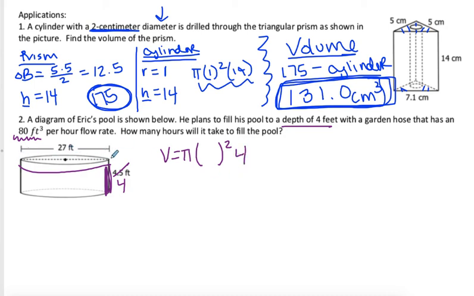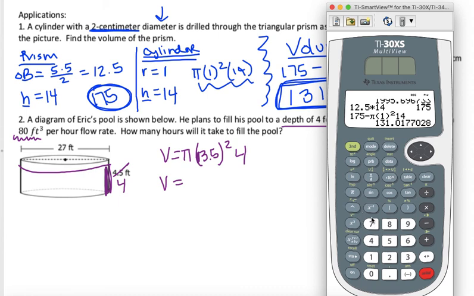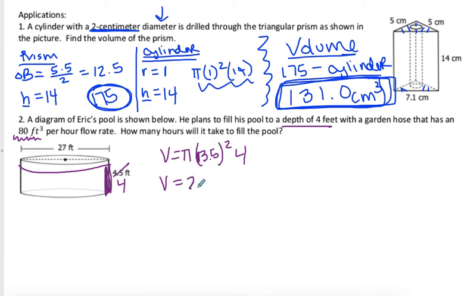They gave us the entire diameter, edge to edge is 27, so I need to divide that in half for my radius. So the volume overall on how much water he needs is pi times 13.5 squared times 4.